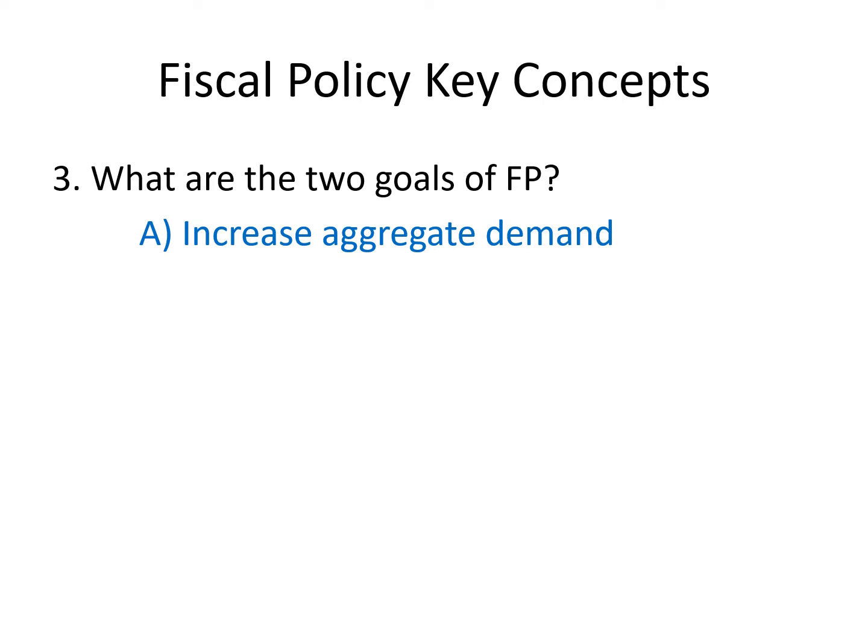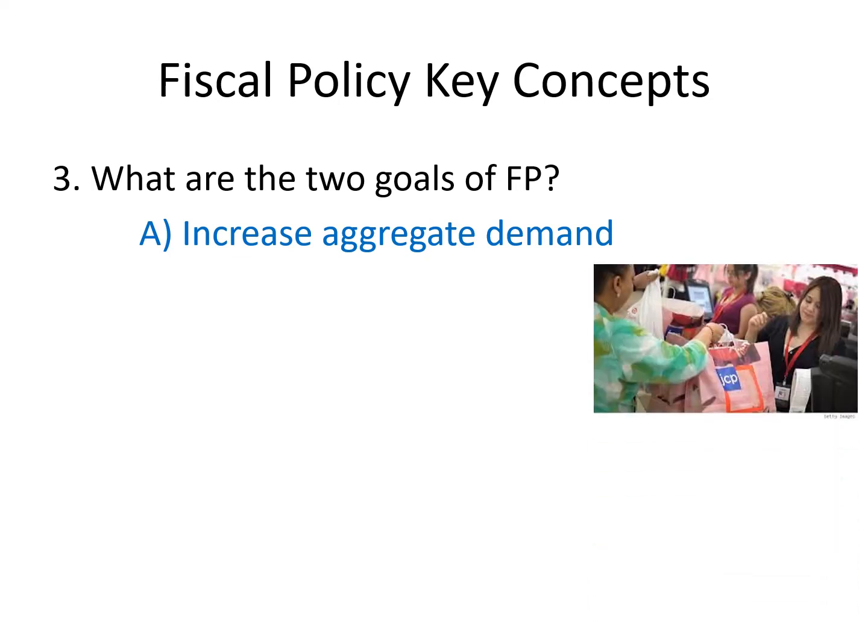So there are two goals. FP stands for fiscal policy, and from now on it's going to say FP. The first goal is to increase aggregate demand. Again, we want more people buying stuff. Obviously, people should save money too, but our economy functions on people consistently buying different goods.